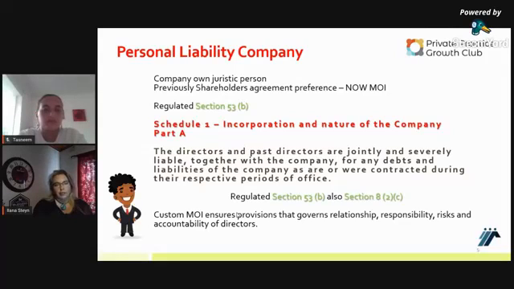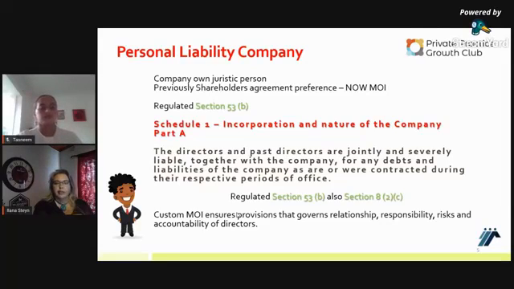You need to take the specifications of that shareholders agreement and actually incorporate it as part of your MOI if you want that to take preference. So that's just something that you guys need to know, especially if you're still under the Old Companies Act and you're going to do that conversion. So as we mentioned to you guys before, also the specific section in that MOI that needs to stipulate that the directors and the past directors are jointly and severally liable.